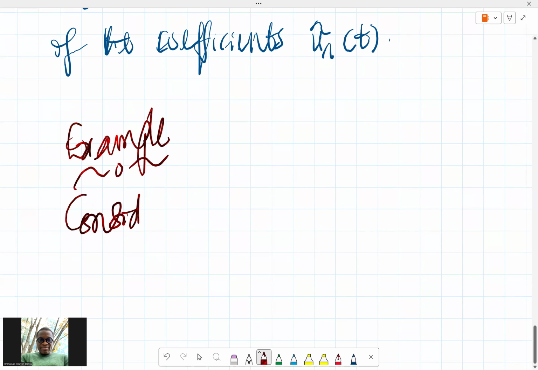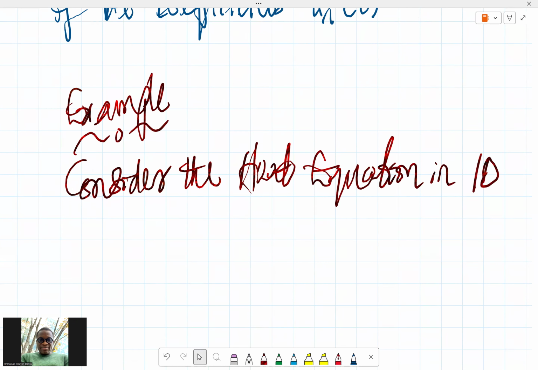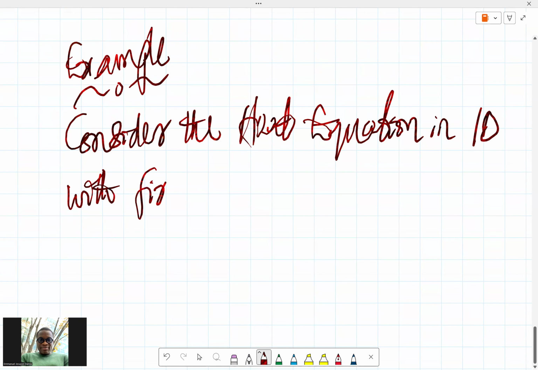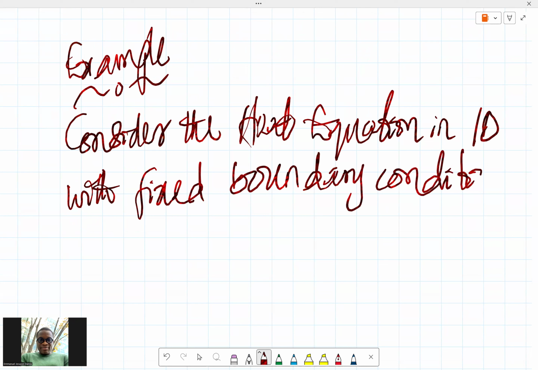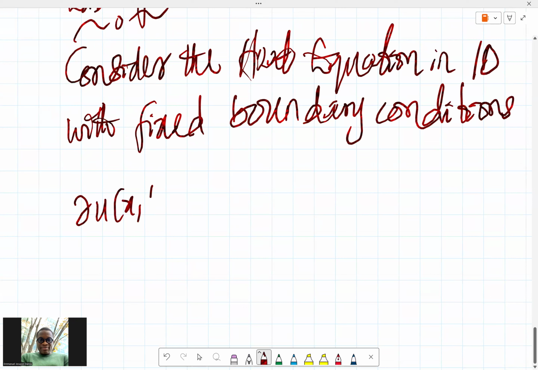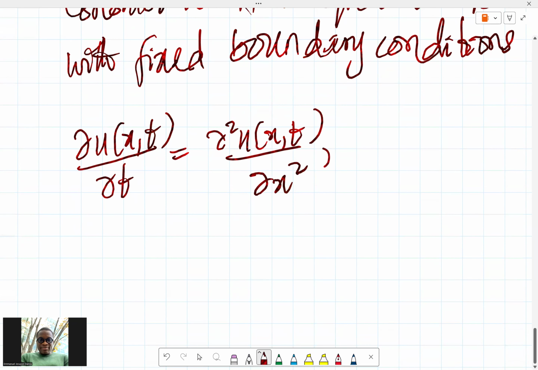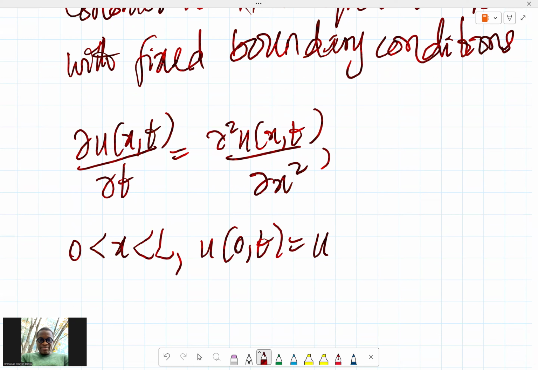Consider the heat equation in one dimension with fixed boundary conditions: partial u(x,t) over partial t equals partial squared u(x,t) over partial x squared, on the domain 0 < x < L, with u(0,t) = u(L,t) = 0.